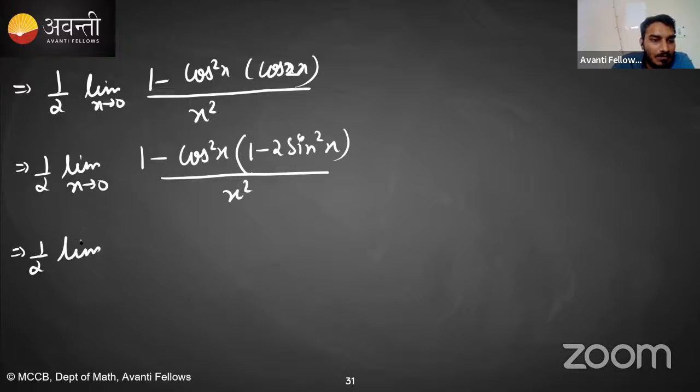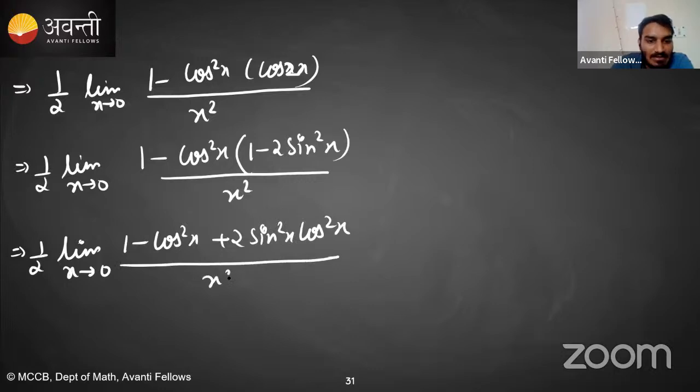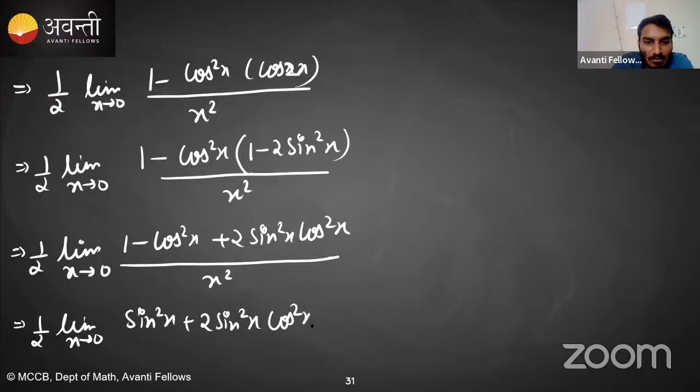Limit 1 by 2 into limit x tending towards 0 of 1 minus cos square x plus 2 sine square x cos square x divided by x square, right? So what does this become? Half into limit x tending towards 0 of 1 minus cos square x, which is sine square x, plus 2 sine square x cos square x divided by x square.